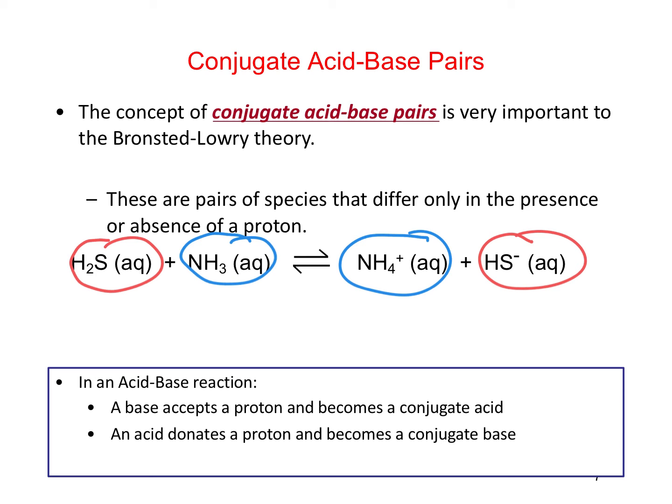And so whenever we have a Bronsted Lowry acid-base reaction, the base accepts the proton. The NH3 is accepting or stealing the proton from the H2S, so it gains that H+ and it becomes NH4+. And so the partner of the base is called a conjugate acid.